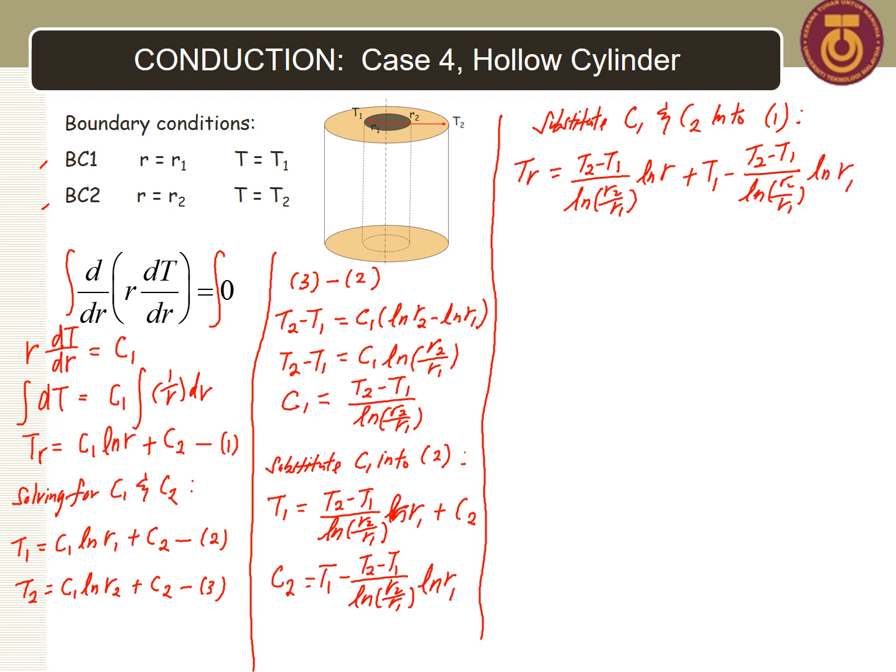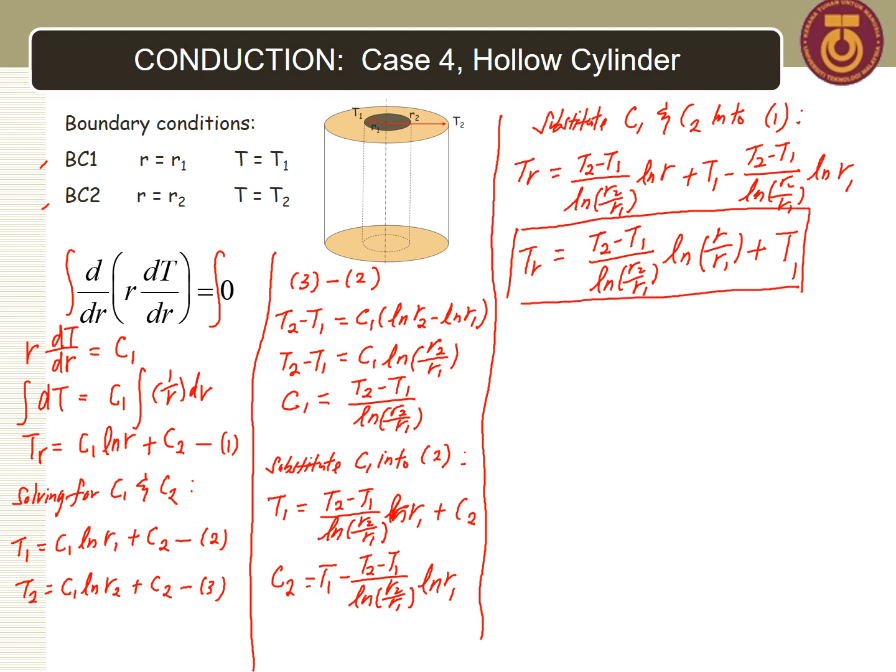Then we rearrange everything and factorize. We will get T(r) equals T2 minus T1 divided by ln R2 over R1, times ln R over R1, plus T1. And this is the equation for the temperature profile over R.